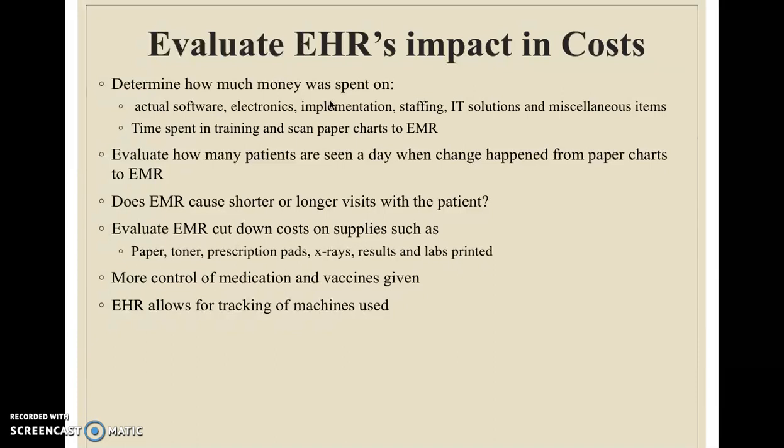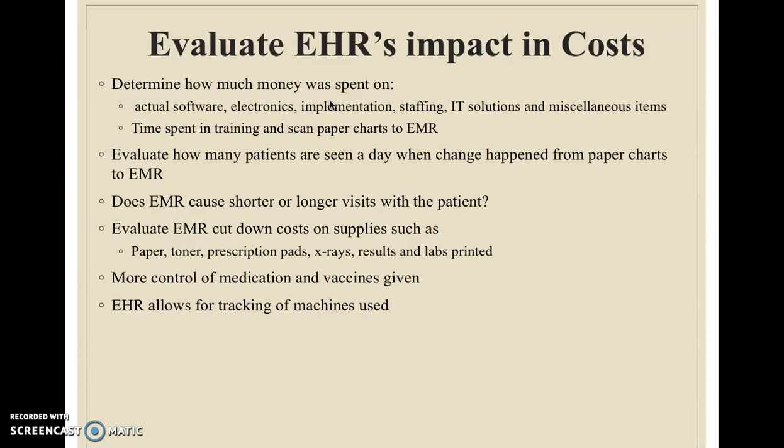Electronic medical records costs can also be evaluated by whether there were cutbacks on costs such as paper, toner, prescription pads, x-rays, printed lab results, and less overtime. Electronic medical records help with the control of medication and vaccines given, which in turn helps to save costs because of systems that track medication given and expiration dates.